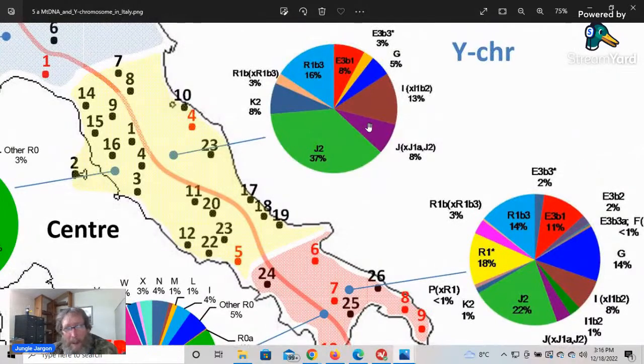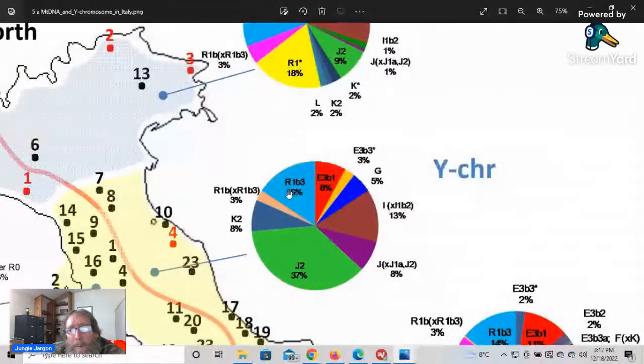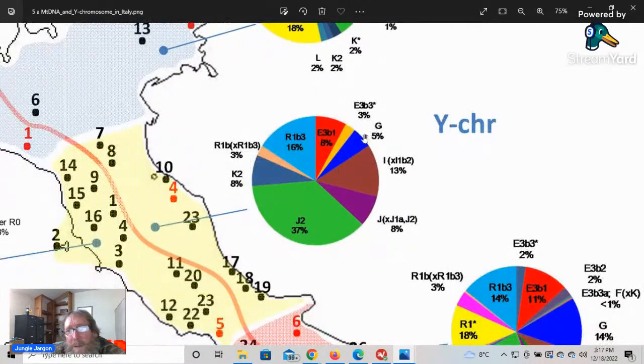Of course, these are all populations that displaced the original population in Italy, which is J2 is Judaic, of course, J2 over here. R1b is Mediterranean, and G is Assyrian.